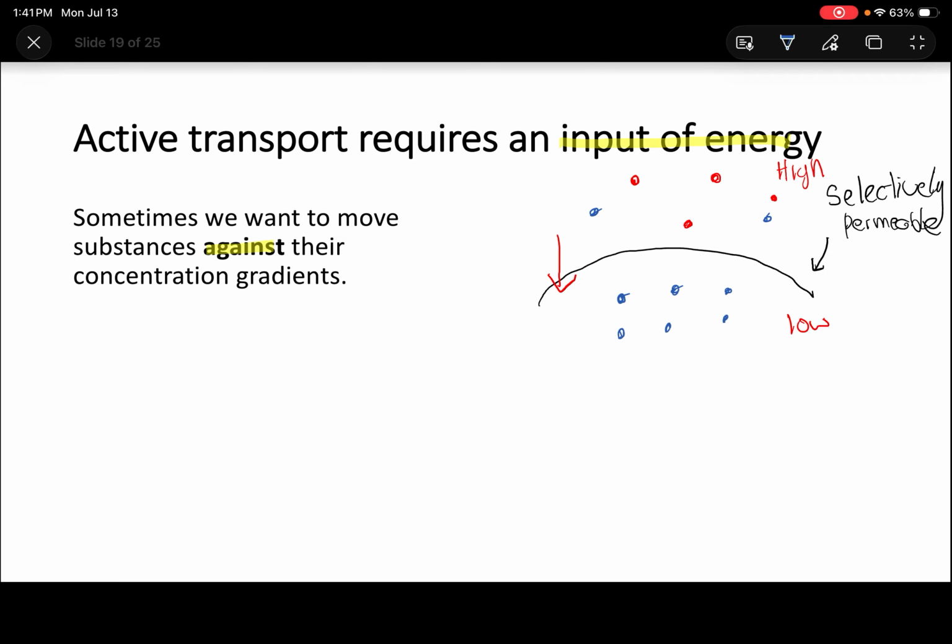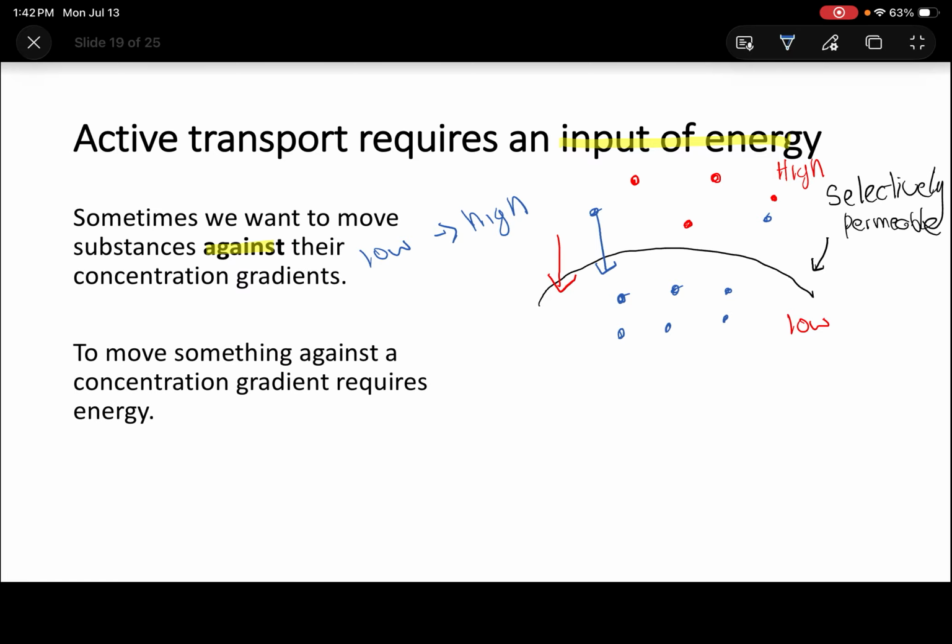But sometimes we want to bring things in against their gradient. So in order to move from low to high, we are going to need an input of energy to do that. We can't just do that naturally. We can't just follow the physics of diffusion anymore. We now have to input energy in order to move things against their concentration gradients, or from low to high.